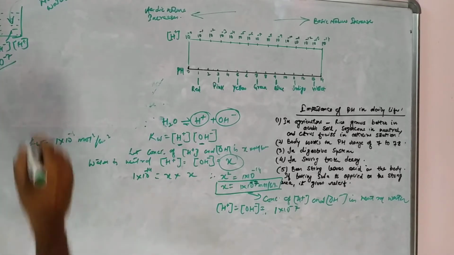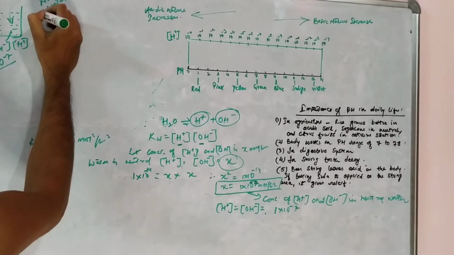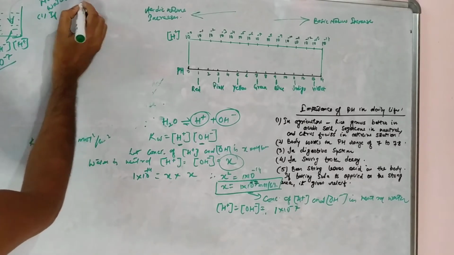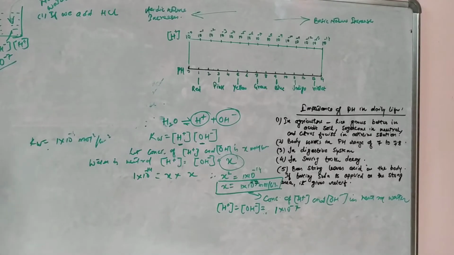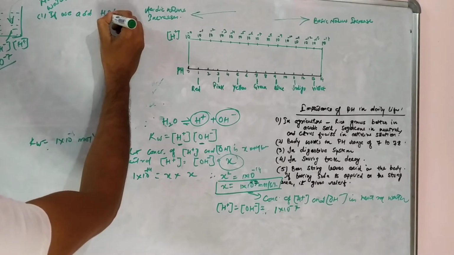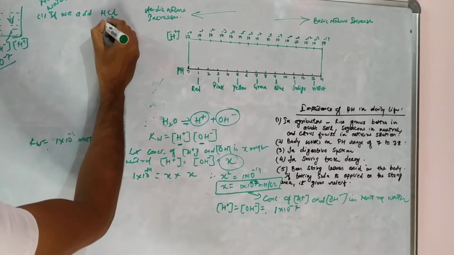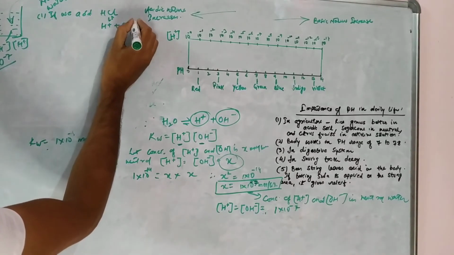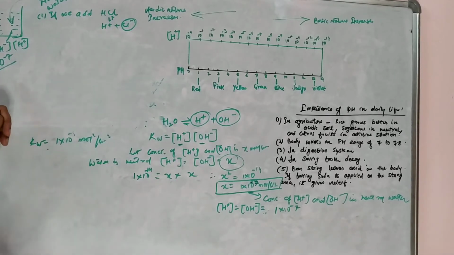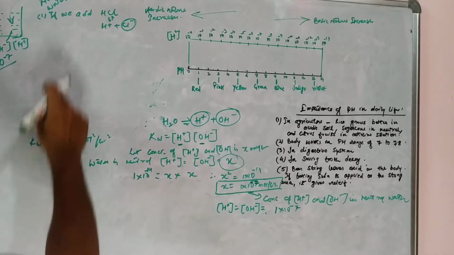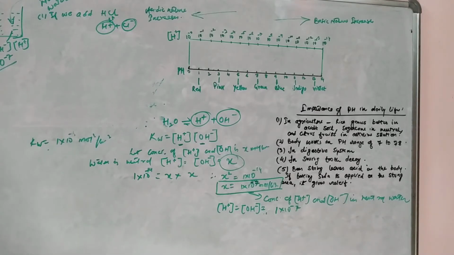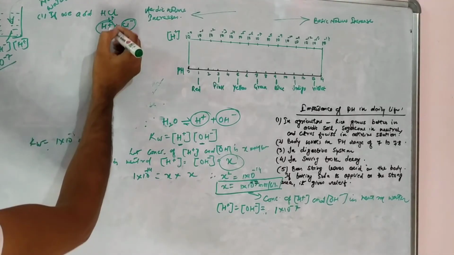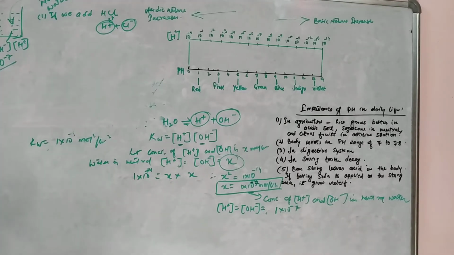Now, if to this neutral solution we add acid, hydrogen ion concentration will increase. Acid will ionize into hydrogen ion and chloride ions. Earlier it was 1 into 10 to the power of minus 7 concentration of hydrogen ion, but now hydrogen ion concentration will increase and hydroxyl ion concentration will decrease.